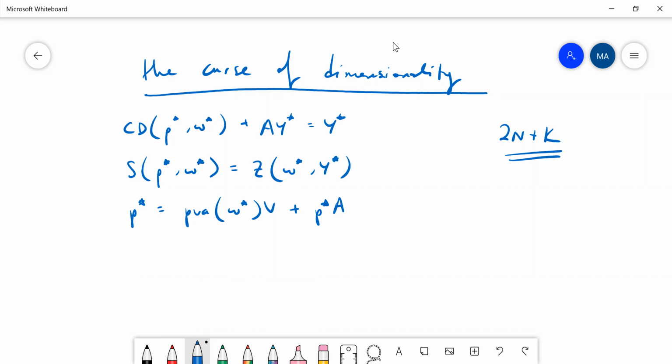So for this reason, we do some reduction. We want to reduce this dimension to a lower number. So how do we do that?